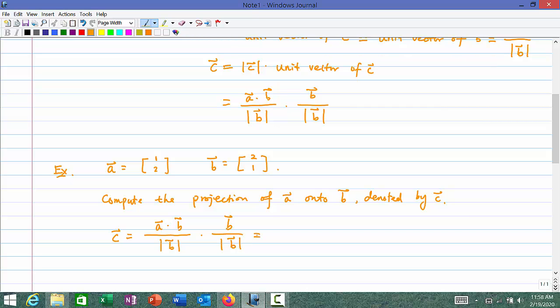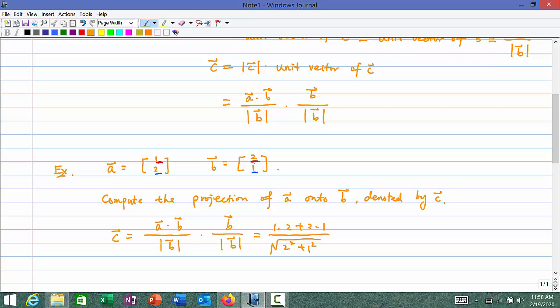Remember the dot product is the entry-wise product of the two vectors. A dot B is 1 times 2, the product of the first entry of A and the first entry of B, plus 2 times 1, the product of the second entries. Then divide by the length of B, which is the square root of 2 squared plus 1 squared.